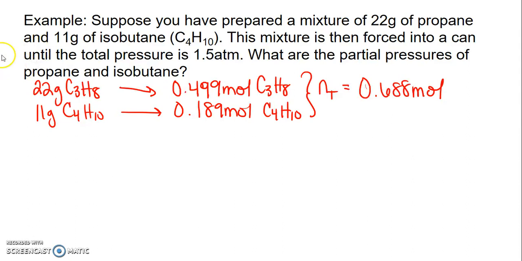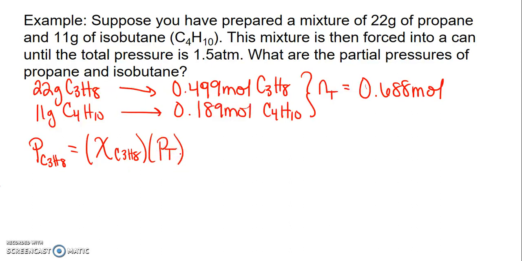Alright, if I try to find the partial pressure of propane first, I use that mole fraction equation that we did a couple slides ago. The partial pressure of your propane is equal to the mole fraction of propane times the total pressure in the container.